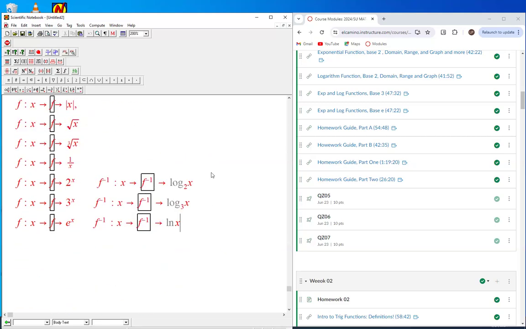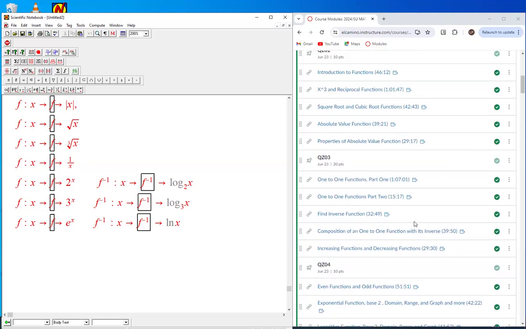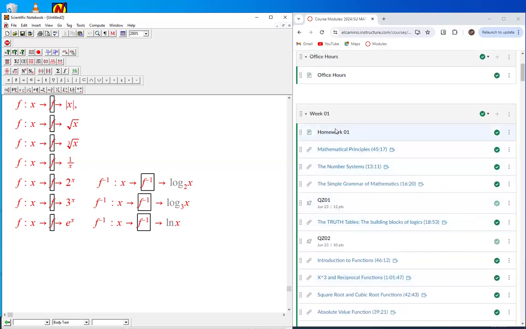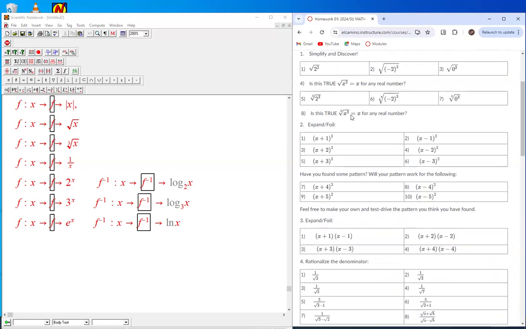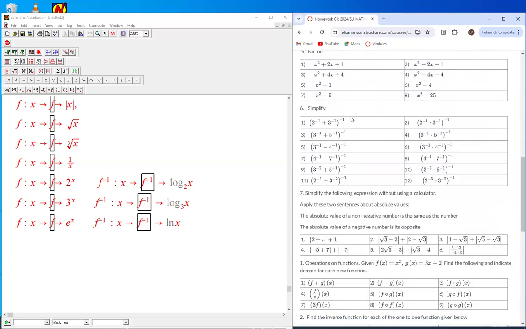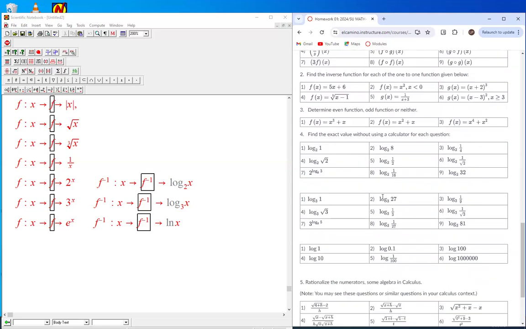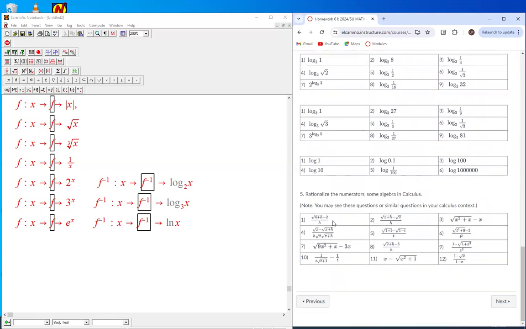Okay. So homework. I do want to make a point about homework. Last week's homework, homework number 1, right? All of these pertained to the basics. The last set of homework, rationalizing the numerator.